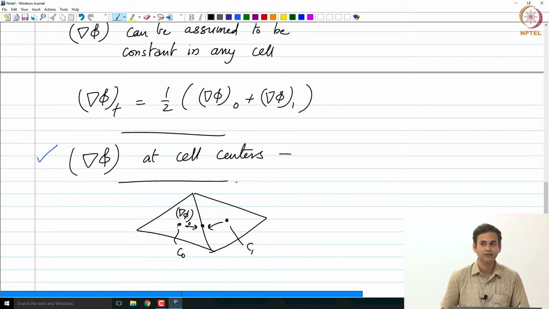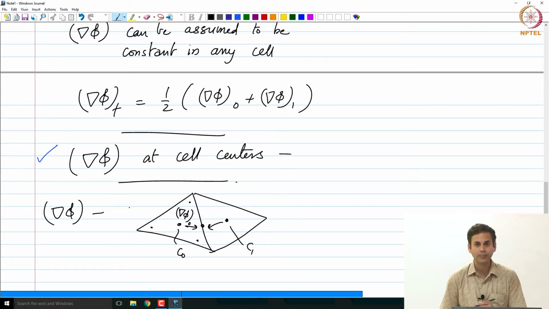But I am assuming that grad phi is constant over the entire cell, so wherever I go, it will be the same value. As a result, I can take an average. Now, if it is not constant, then of course you have to take a kind of linearly interpolated value.